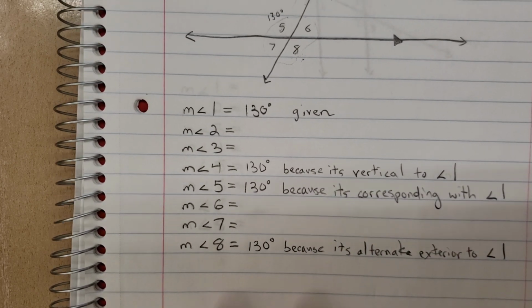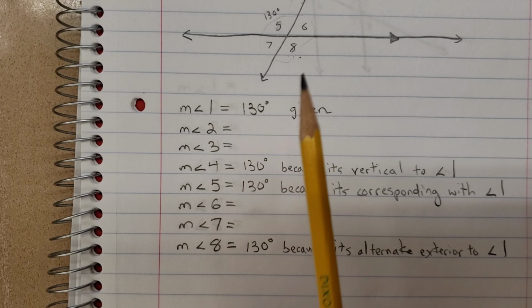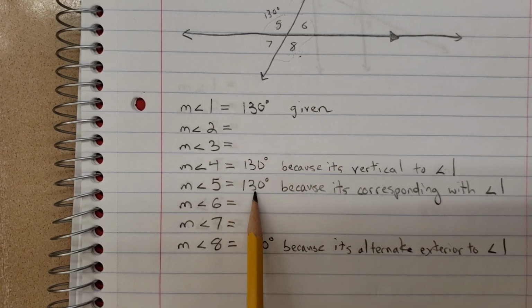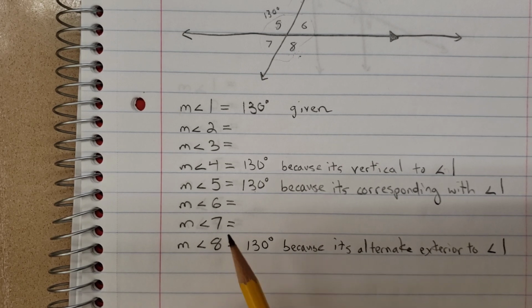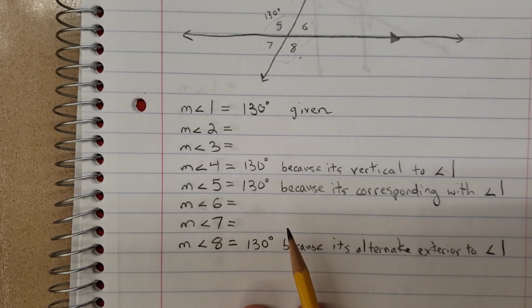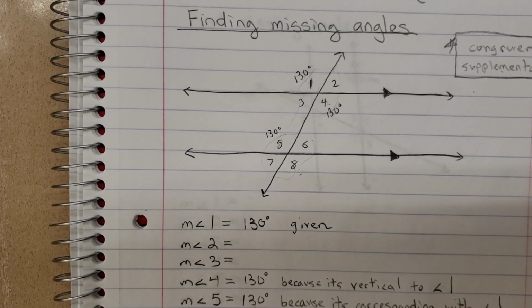All right, let's keep going. Now this could be maybe the tricky part, but 4 of the 8 angles are all going to measure 130. Now the other 4, I wonder if they're going to measure the same, a different number, but all the same different number. Okay, let's check this out.